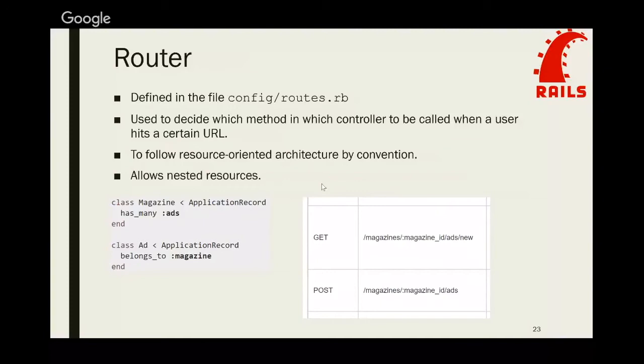Then the operation is that you want to instantiate or create a new advertisement. So the operation should be new. It sounds a bit strange or weird now, but in Ruby on Rails, most likely you just follow the conventions and it will work very well.